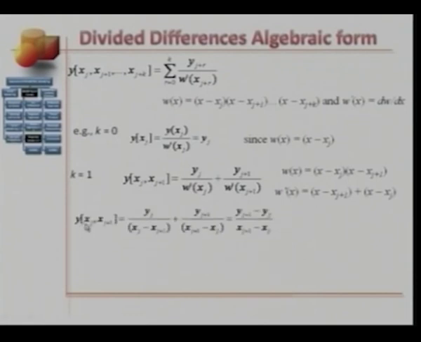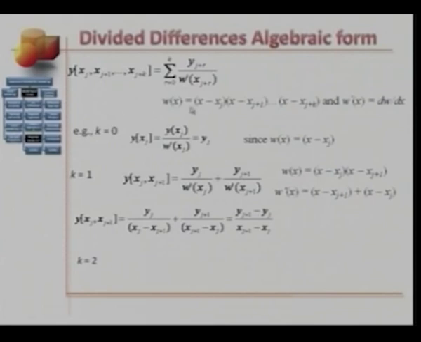So y of xj, xj plus 1 equals yj over xj minus xj plus 1 plus yj plus 1 over xj plus 1 minus xj. So this term here is a negative of this term. So this would make this term on the left hand side equals y sub j plus 1 minus yj over xj plus 1 minus xj. And this expression is very familiar to you by now.